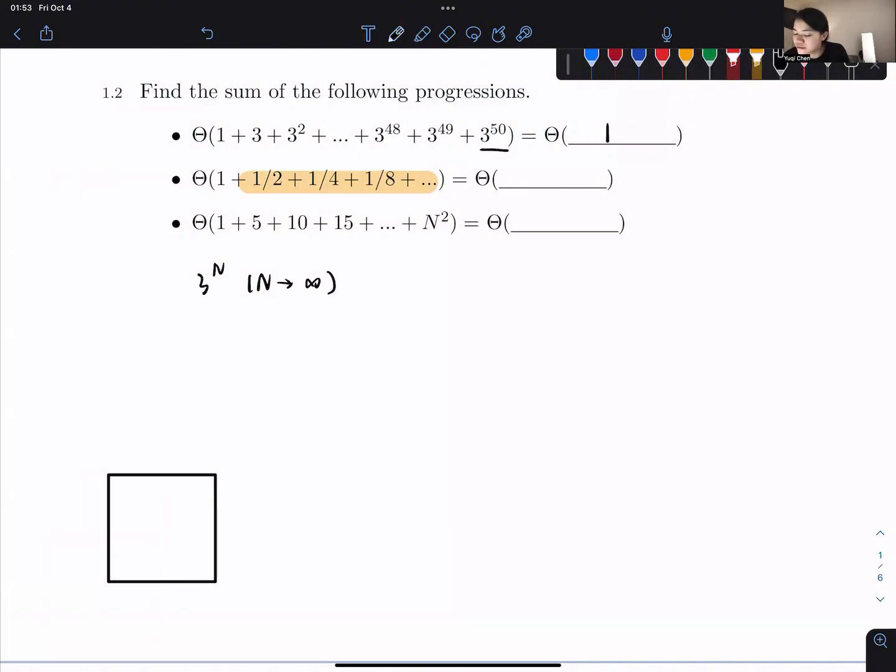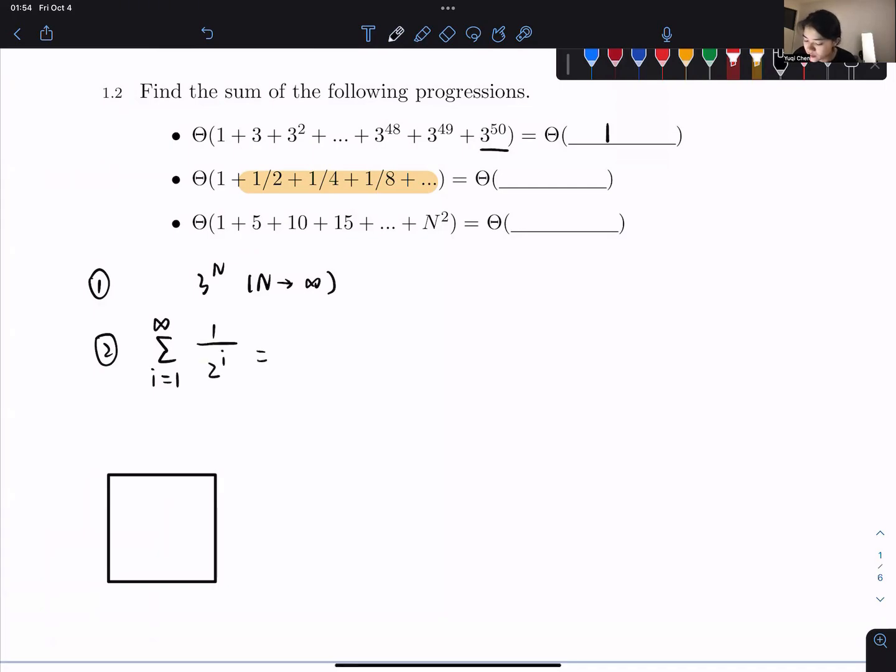We can rewrite this as the sum of i starting from 1 and going to infinity, where the general term is 1/2 to the power of i.